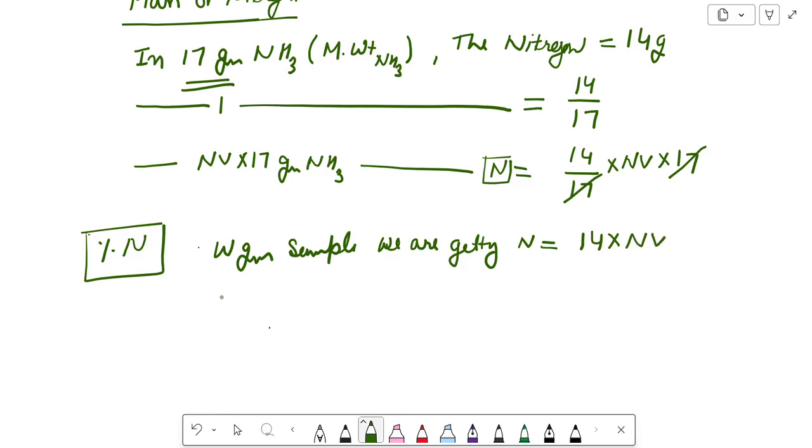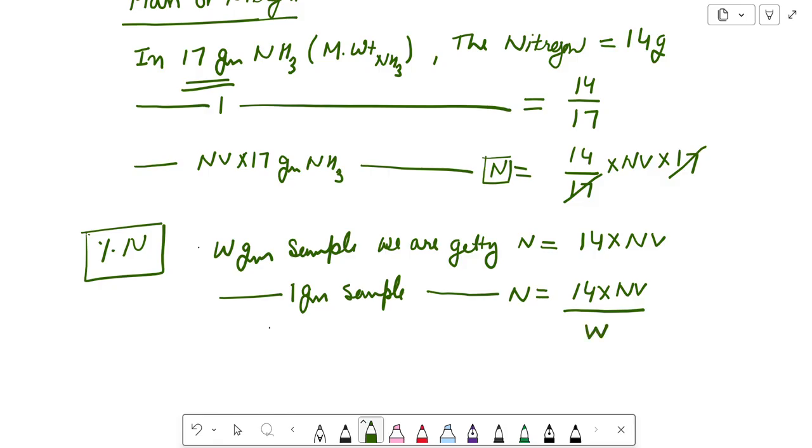Suppose the weight of sample is 1 gram. So 1 gram sample, we will get nitrogen that will be equal to 14 into NV divided by sample weight. Sample weight means that is W gram.